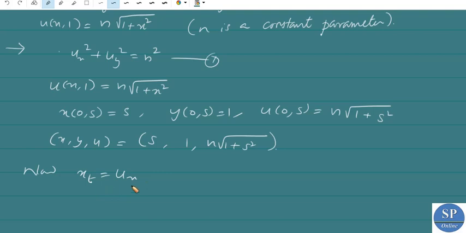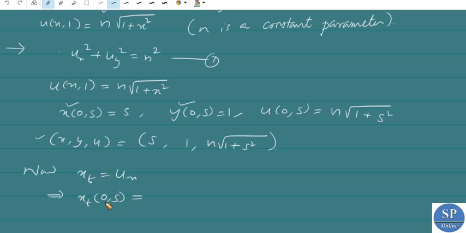So from this we can write xt at the initial point 0 comma s. Now we have to find the initial condition for xt and yt. For that we are using xt equal to ux.